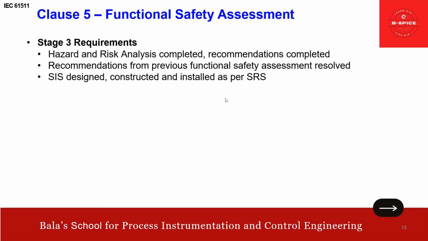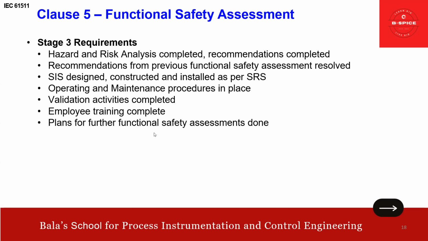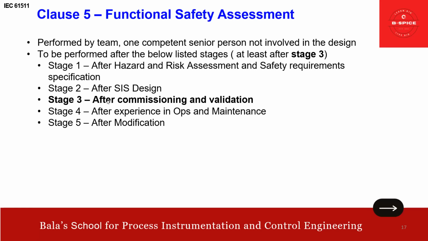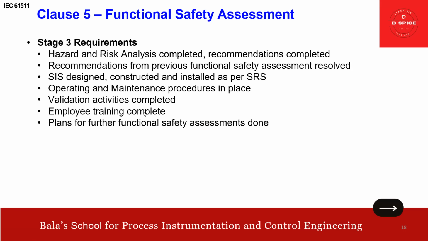So the point is the SIS is already designed, constructed and installed as per the SRS. Operating and maintenance procedures are already in place. Validation activity is completed. Employee training is completed. Plans for further functional safety assessment are done. All this is done. So these are the stage 3 requirements. When we say after commissioning and validation, you should meet all of these. That is the point here.